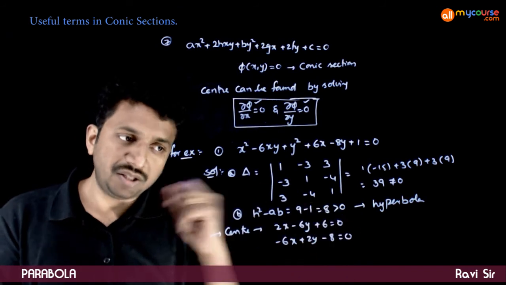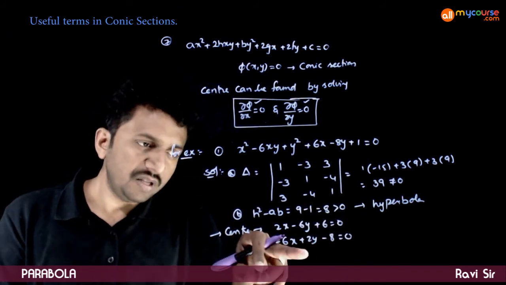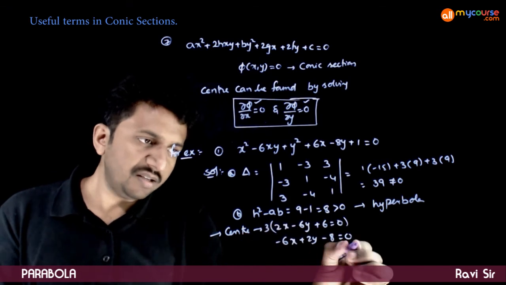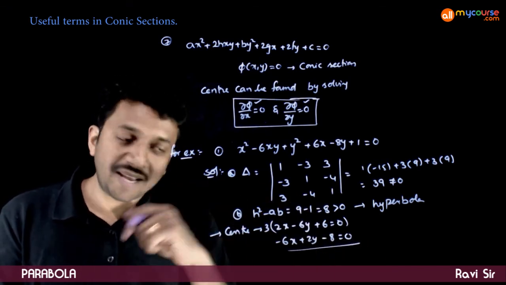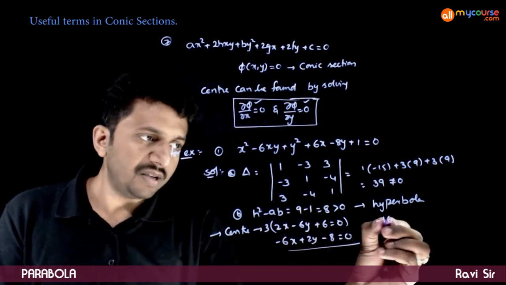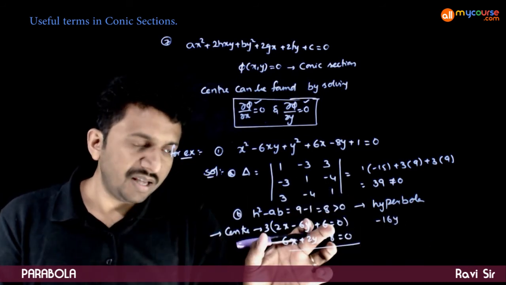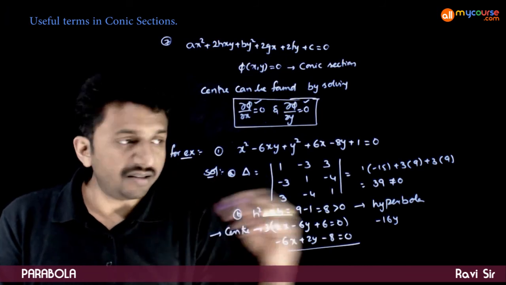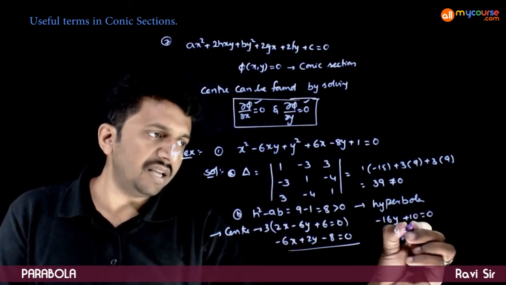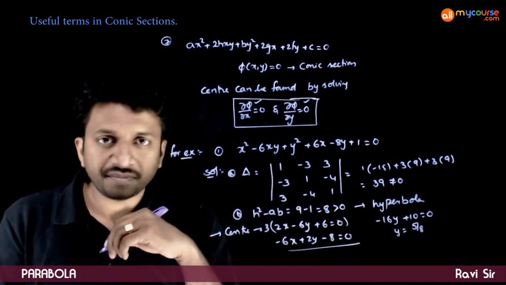You need to solve these two equations. I'll multiply the first equation by 3 and add them; 6x minus 6x gets cancelled. So minus 18y plus 2y is minus 16y, 18 minus 8 is plus 10 equal to 0. So y is equal to 5 by 8.